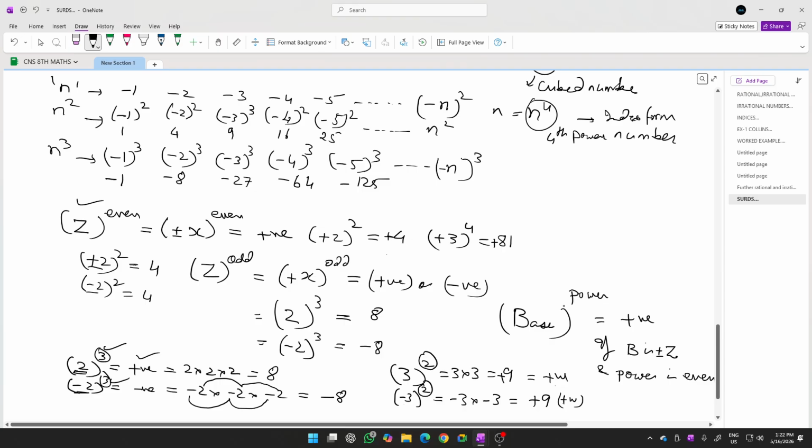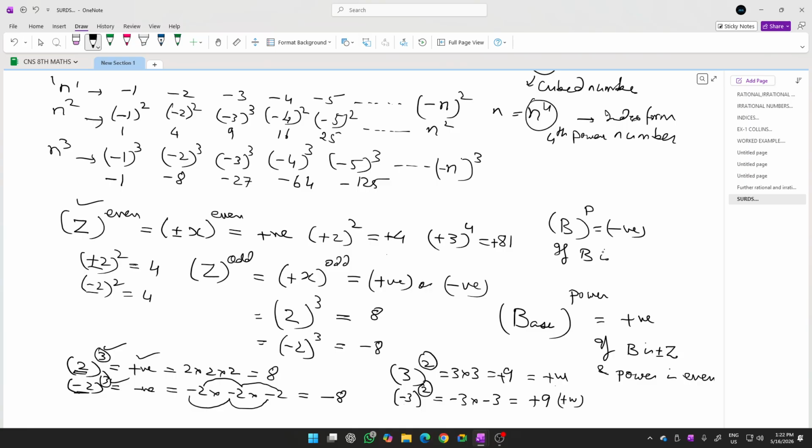This is one case: the base raised to a power will be negative if the base is negative and the power is odd... Okay, sorry, the power is negative, and the power is even.